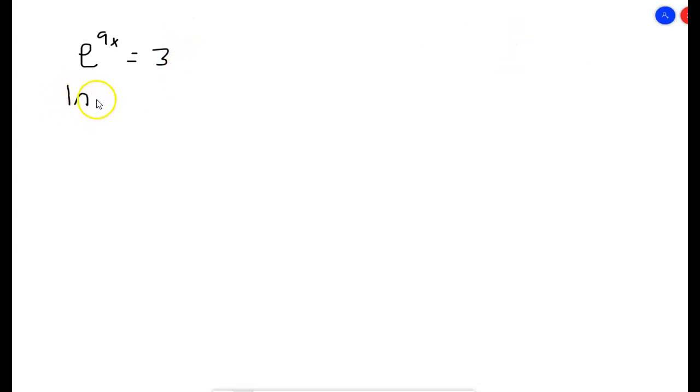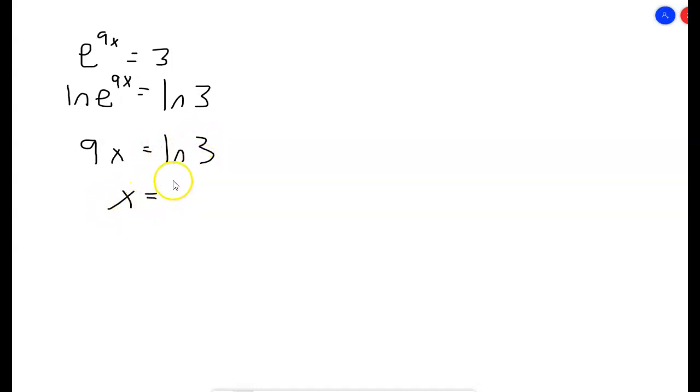So the natural log of e to the 9x is equal to the natural log of 3. This cancels out, just leaving us with 9x is equal to the natural log of 3. And finally, we're just going to divide both sides by 9.